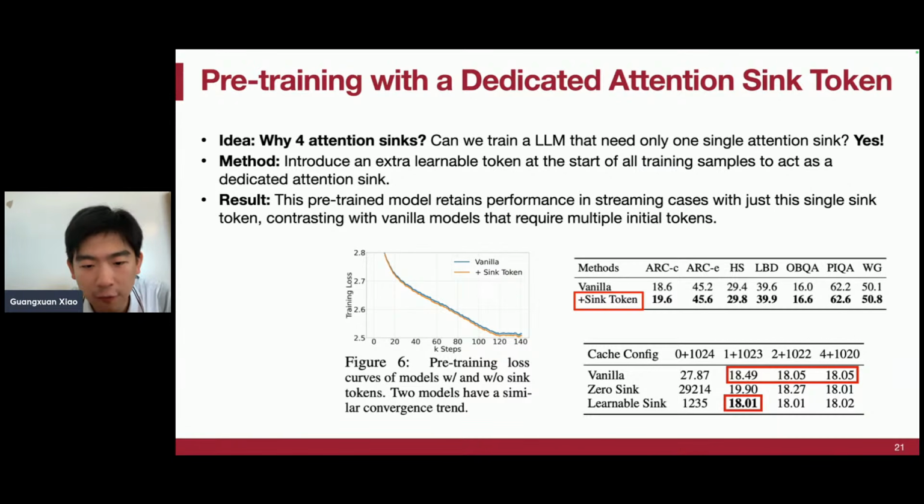It still needs 4 initial tokens to be attention syncs, which means that if you give the model the flexibility to not have attention sum up to one, the model still needs to make some tokens attention syncs. But if you give the model a very flexible way, like a learnable token as attention sync, the model will know to use that token to absorb all the attention and only use that token as the dedicated sync.